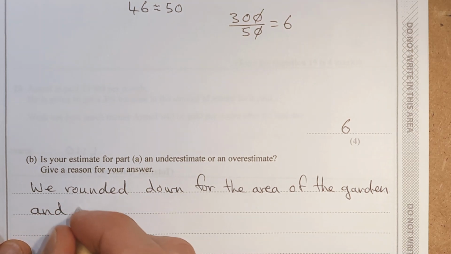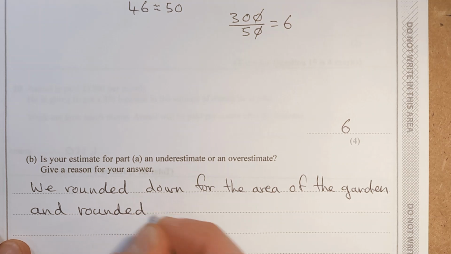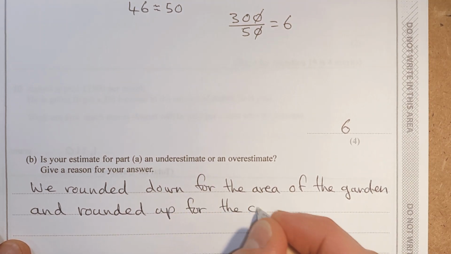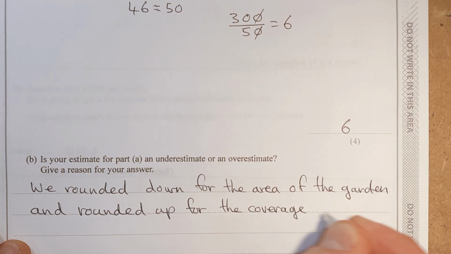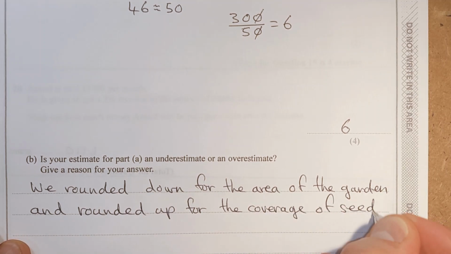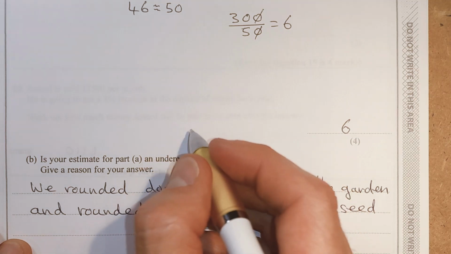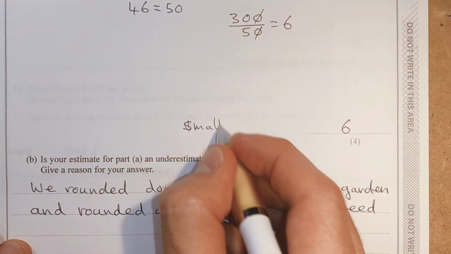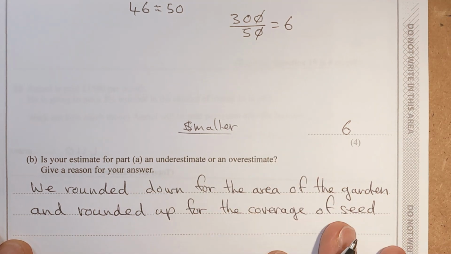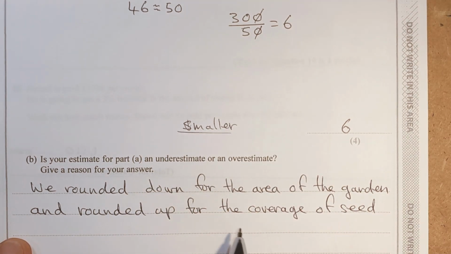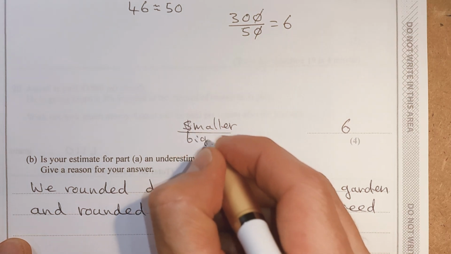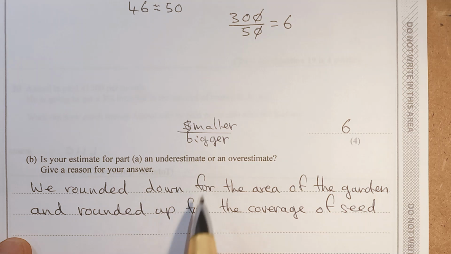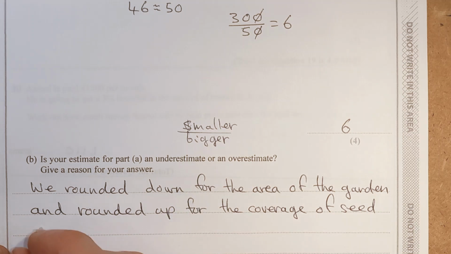But for the seed, we rounded up for the coverage of seed. So if we're saying our numerator is smaller, but our denominator is bigger, well, that means that we're going to be getting a smaller answer overall.